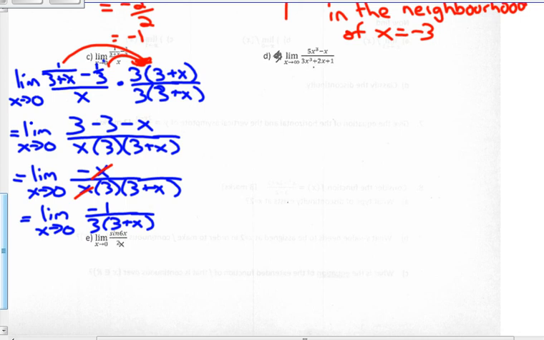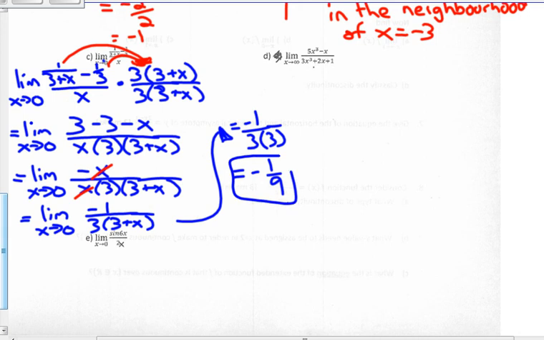Now, can we put in 0 to that? Absolutely. No problems. So we can say that this is equivalent to -1 over 3 times 3 plus 0, or 3, or -1/9. Notice how I kept my limit notation until the very end, until I effectively substituted in 0.